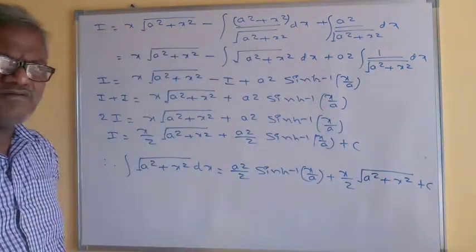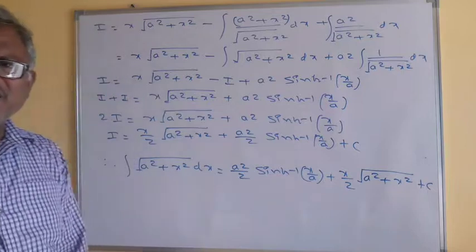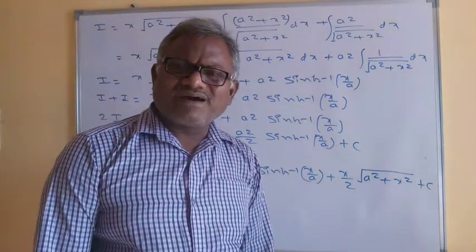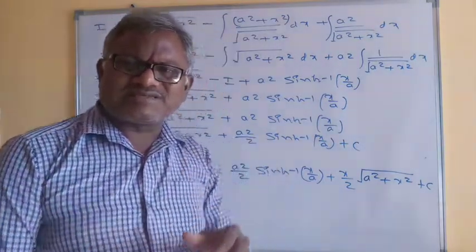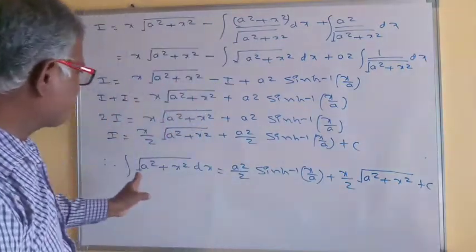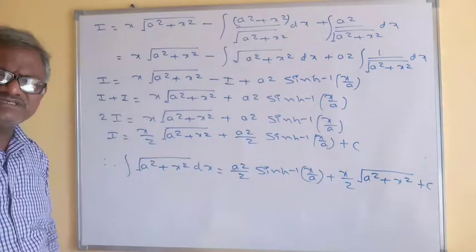That should be in increasing order: a square is the constant term, degree 0, next x square. So this is the formula for the integral of root of a square plus x square dx. No change in this one.